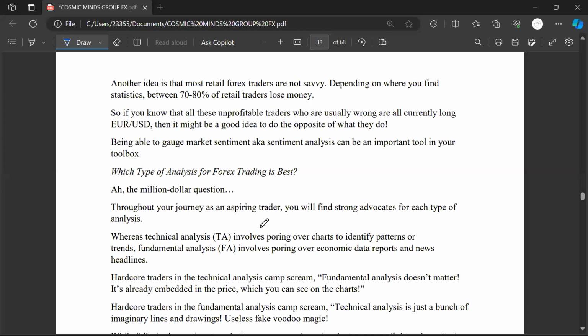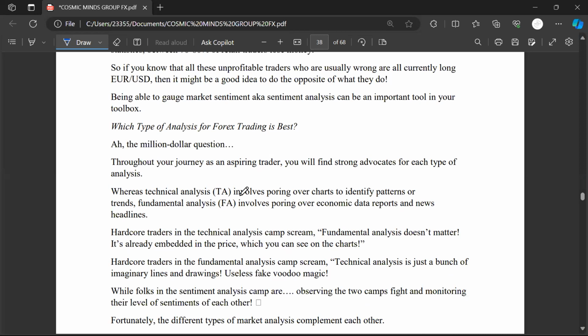Throughout your journey as an aspiring trader, you find strong advocates for each type of analysis. Technical analysis, known as TA, involves poring over charts to identify patterns or trends. Fundamental analysis, FA, involves poring over economic data reports and news headlines.